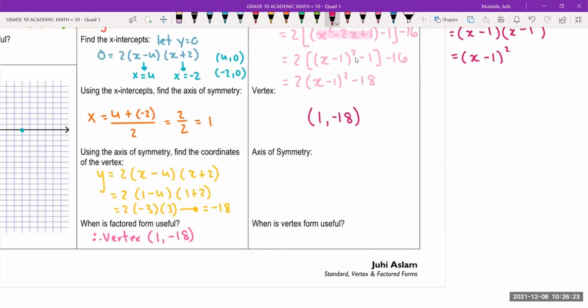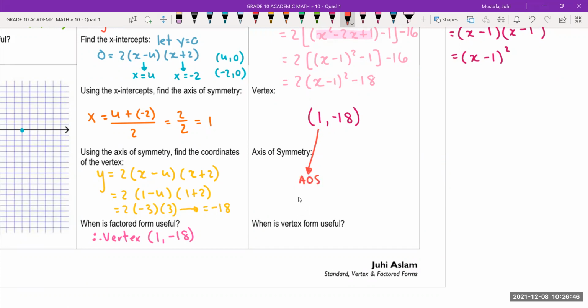All right, last question. What is the axis of symmetry from this? So I really like this because it tells you a little bit of information. This number here gives you your axis of symmetry. I'm going to write AOS.